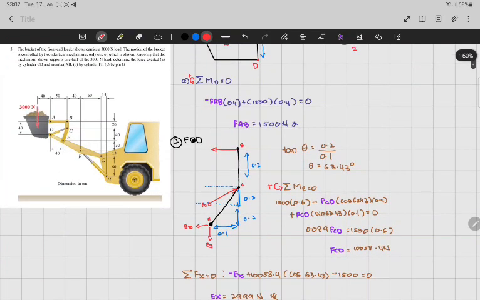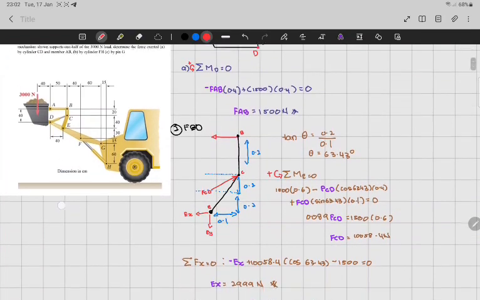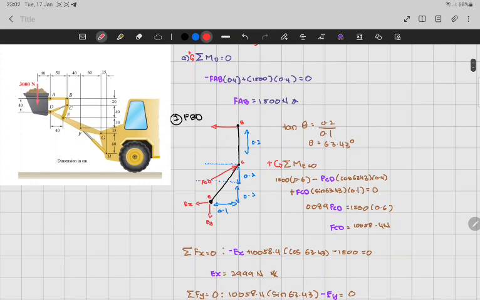So the summation of moment, reference point as E. We take it at this one over here, E. So 1500 and the distance 0.6, and the FCD is over here, cos 36.43 angle, and the distance of 0.4, plus FCD sin 63.43 over here is equal to 0.